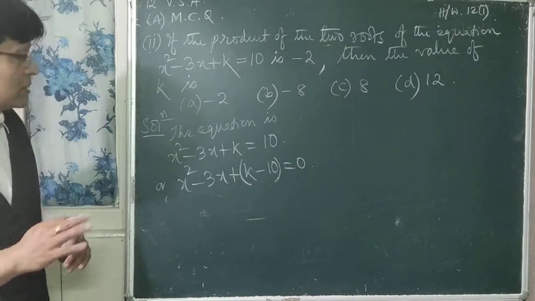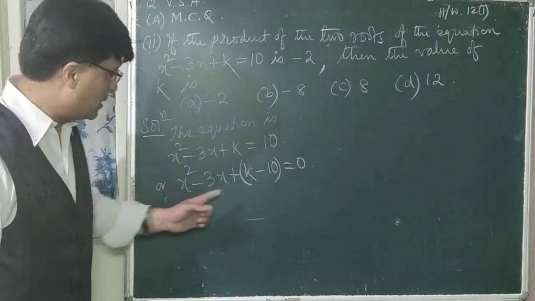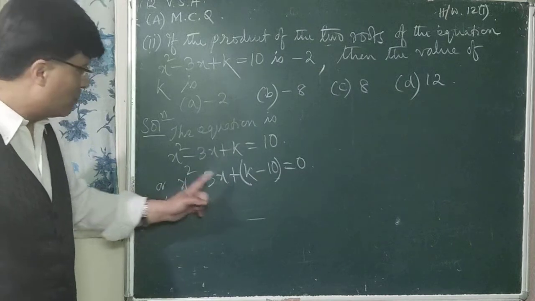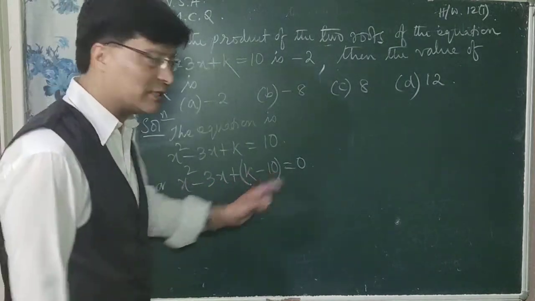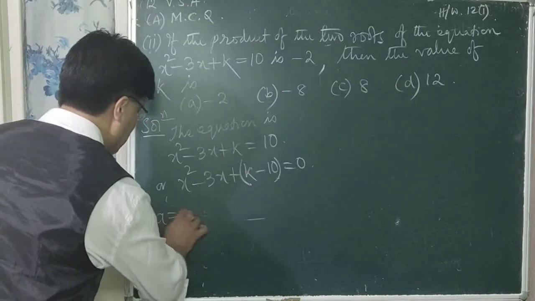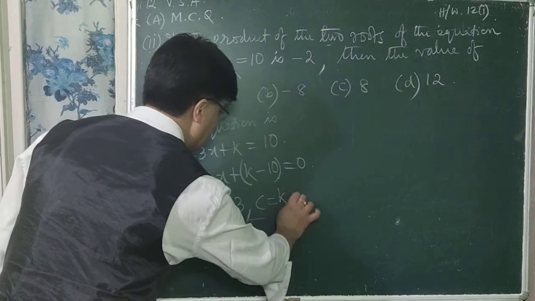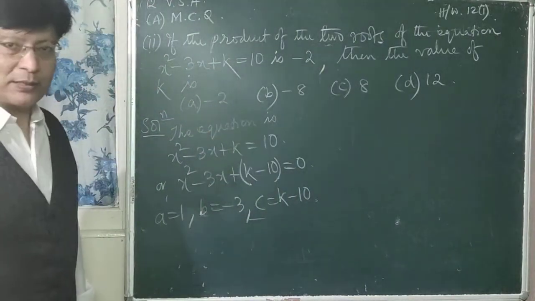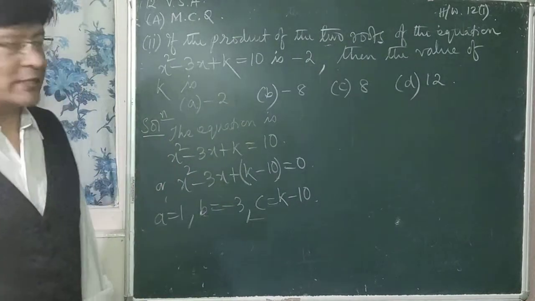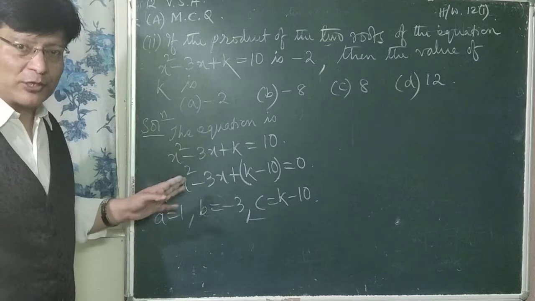If you compare this with the general quadratic equation, we have a is equal to 1, b is equal to minus 3, and c is equal to k minus 10. So what is the product of the roots in this case? Let us find out the product of the roots from this equation.